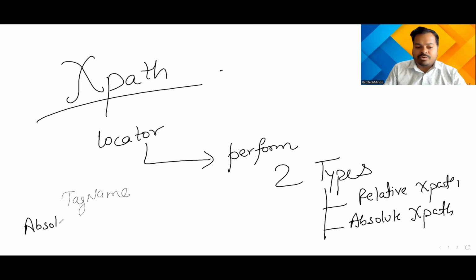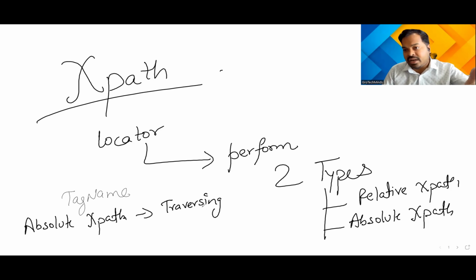Definition of absolute XPath is traversing. What is the English meaning of traversing? Can anyone tell me? Navigating through. Navigating. Absolutely.